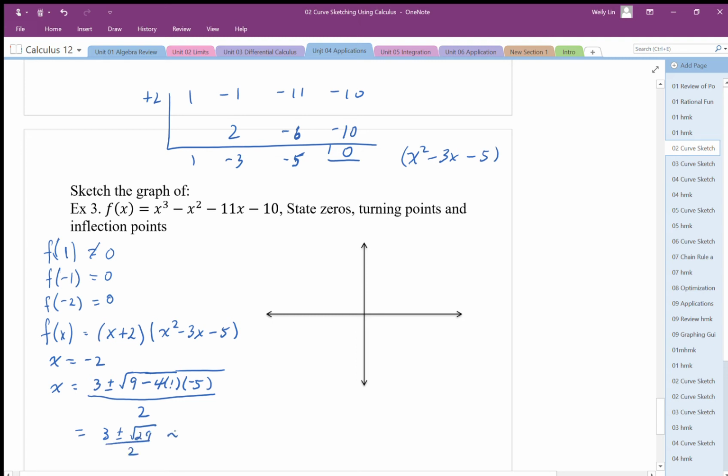Okay, and the decimal equivalents for that, just working that out on my calculator, 3 plus square root 29 divided by 2, I'm getting 4.19. And 3 minus square root 29 divided by 2 is negative 1.19.